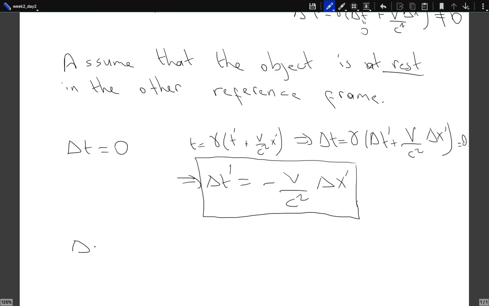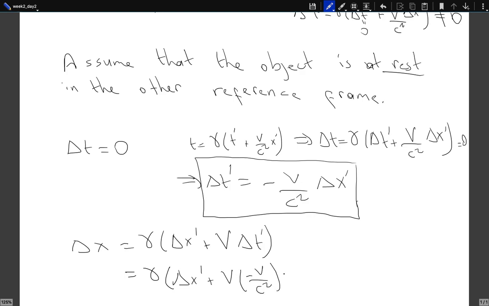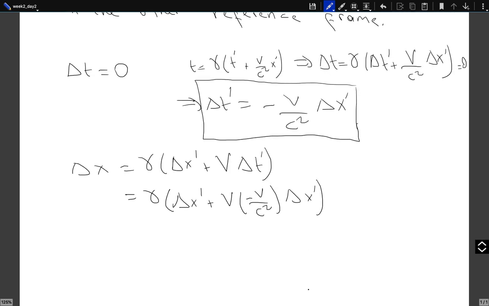Now let's take this and let's try to calculate delta x. Well, delta x was gamma times (delta x prime plus v delta t prime). Now I know what delta t prime is in the other reference frame. This is equal to gamma times (delta x prime plus v times minus v over c squared delta x prime), or gamma times (1 minus v squared over c squared) times delta x prime.